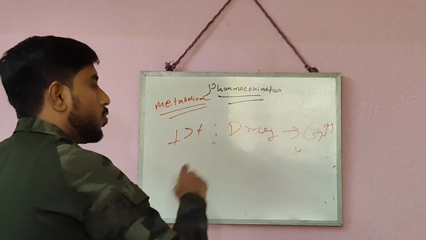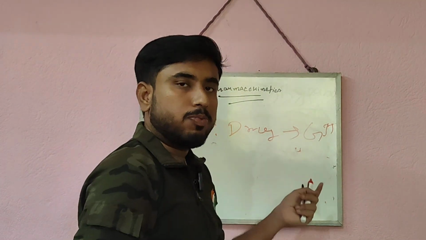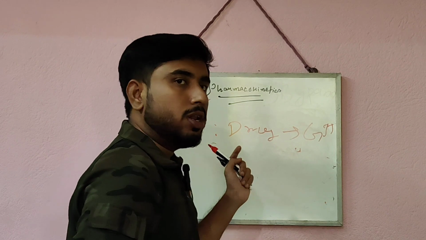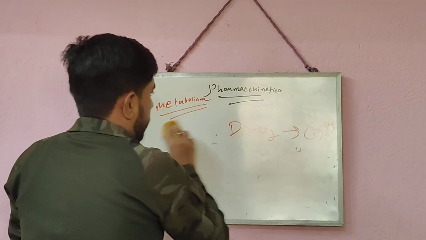And that metabolism process is also of two types, also called biotransformation, first phase and second phase. That also we will discuss when we go through metabolism in upcoming classes.